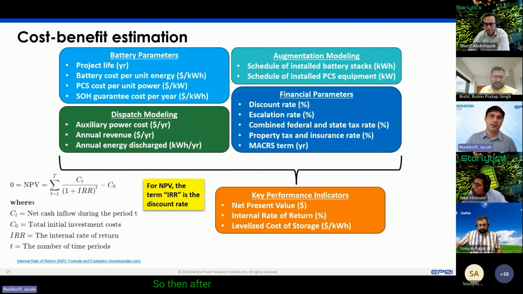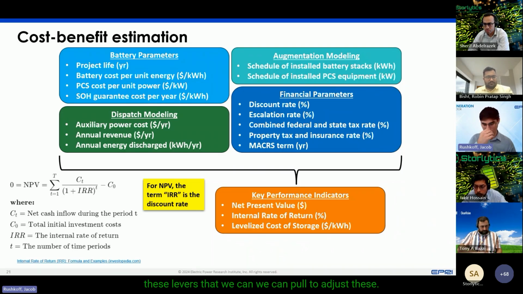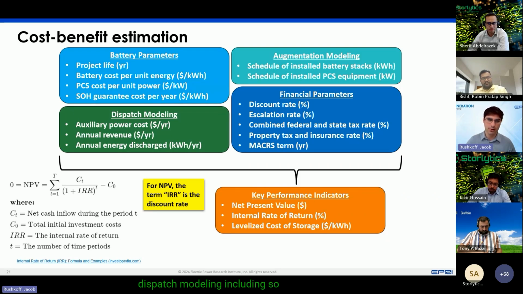After figuring out how we want to do that augmentation and trying to optimize, and as Tony said, going through different scenarios for these levers that we can pull to adjust these augmentation strategies, we then take all the costs associated with augmentation, the costs associated with the project itself like the initial installation, the revenues from dispatch modeling, including arbitrage revenue, ancillary services, and capacity payments, and also some auxiliary power costs.